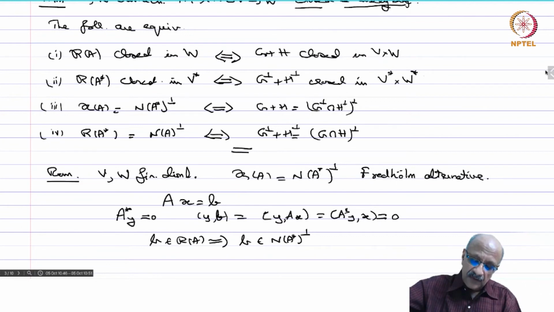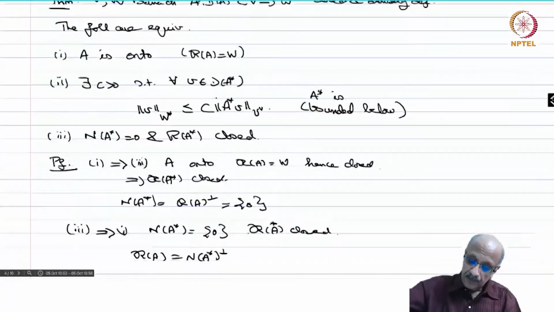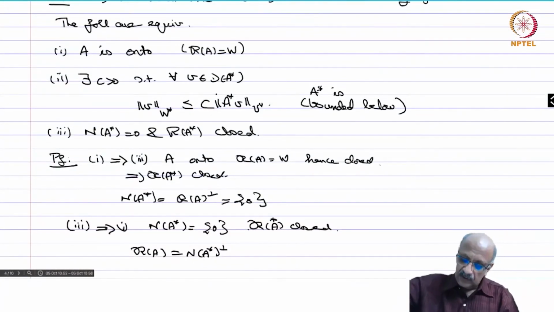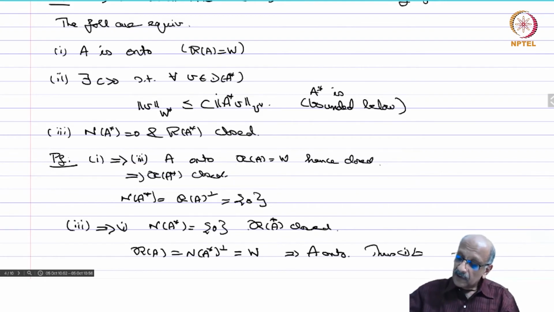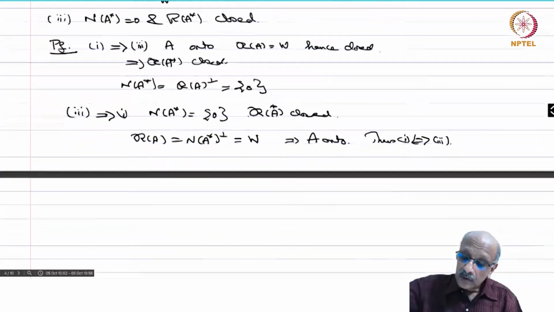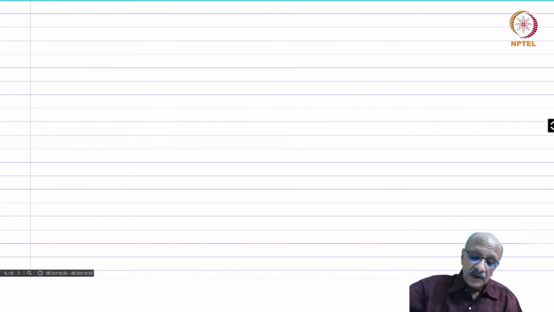Range of A is N of A star perp, that's number 3, and therefore N of A star is 0 and therefore this has to be W. Okay, so implies A is onto. So we have proved that, so thus 1 is equivalent to 3. So now we want to show that 2 and 3 are also equivalent.